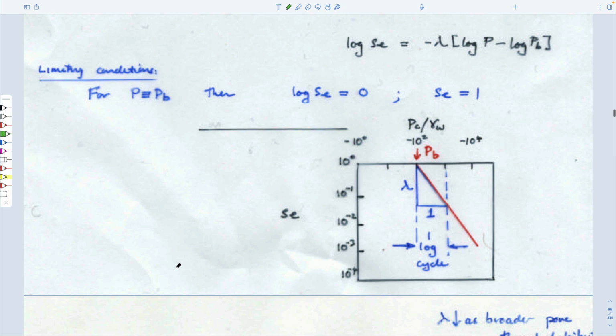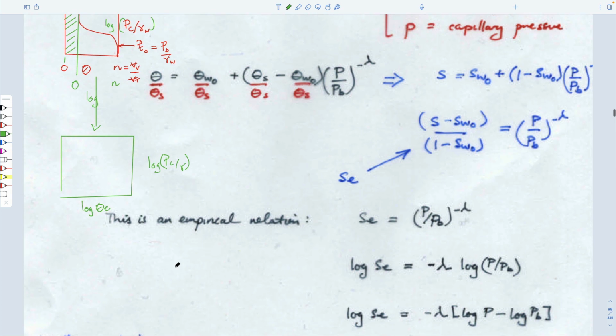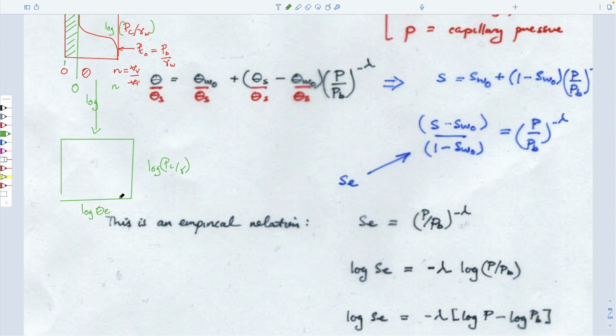And if I remind myself what it is, yeah, okay, so this is between, so it would go from 0 to saturated, it would be something like this, I think. So this would be PC over gamma, log of it, and this would be at an effective saturation of, saturation is equal to 1, fully saturated.